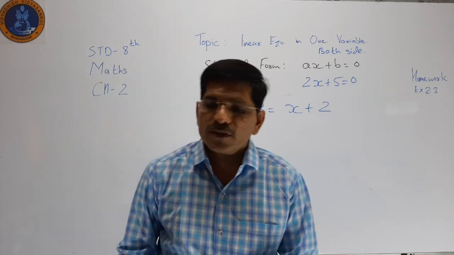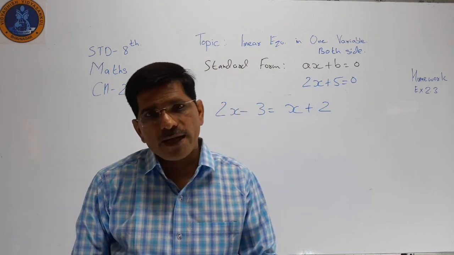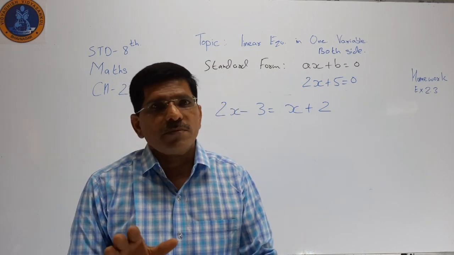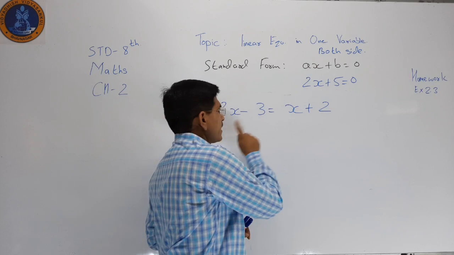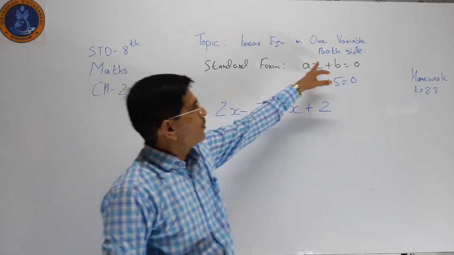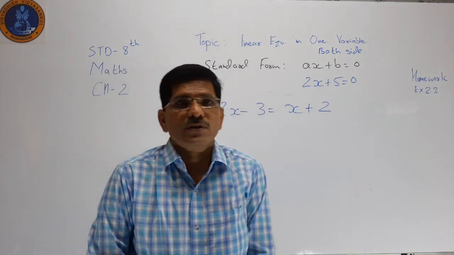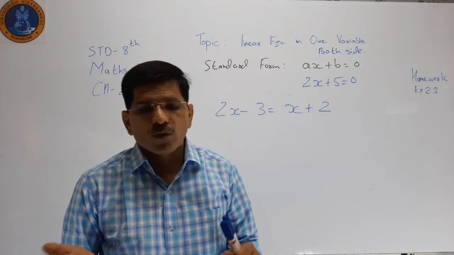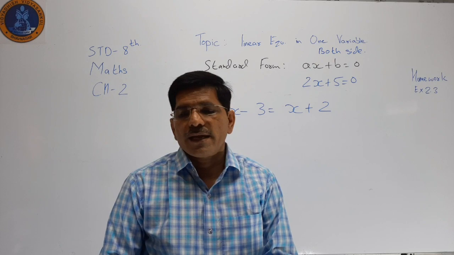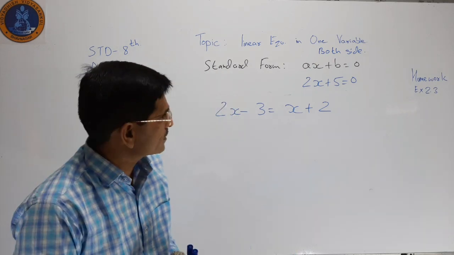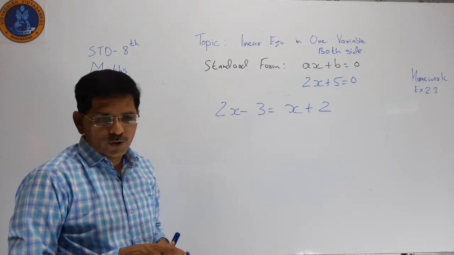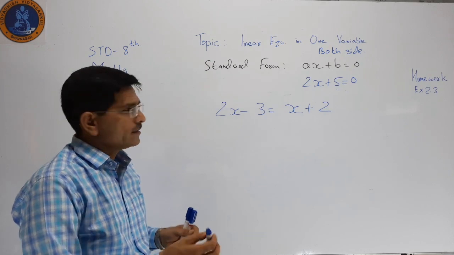So what is the first step? Always remember what the first target is. How many variables are there? Both sides have variables. Then what do we have to do? If variables are on both sides, we have to convert them into one side. So here we put 2x as it is.